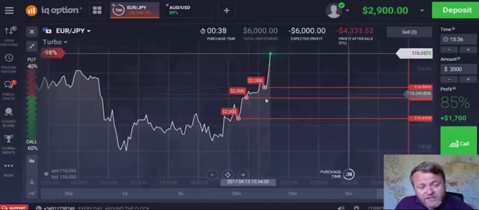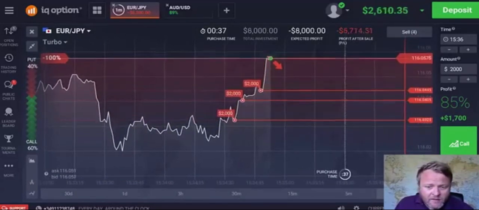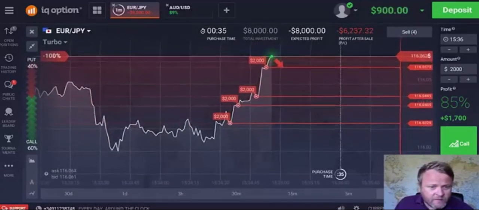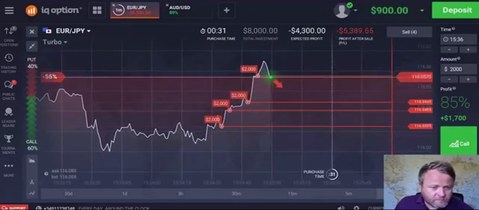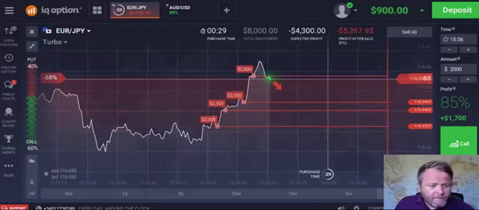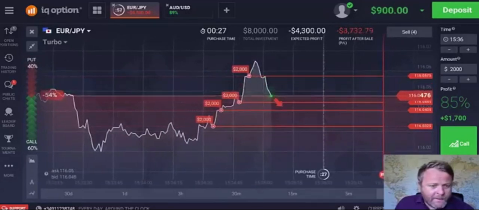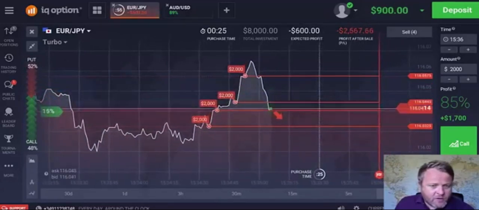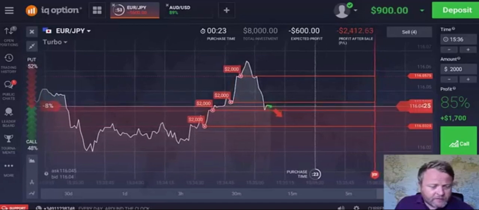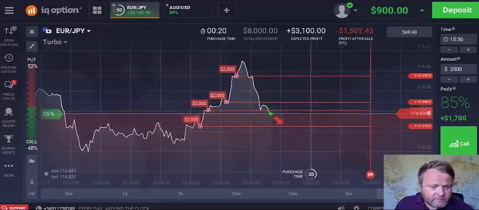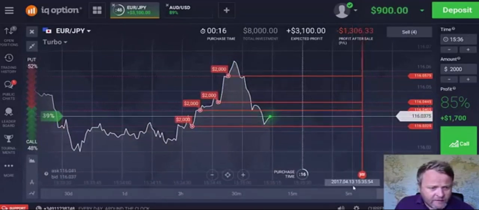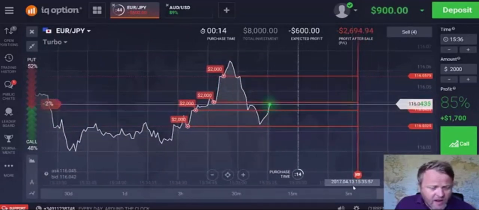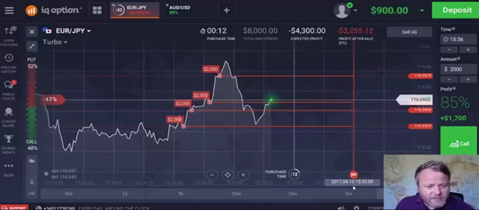It spiked up and I'm waiting for it to go back down, but it's carried on spiking. Come on. The ideal thing, what you're waiting for is that little spike like that. I see it kept going up, so place another one.